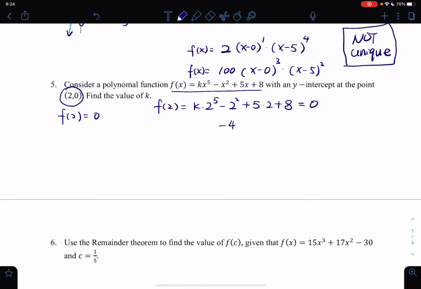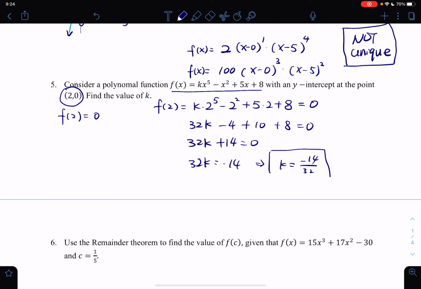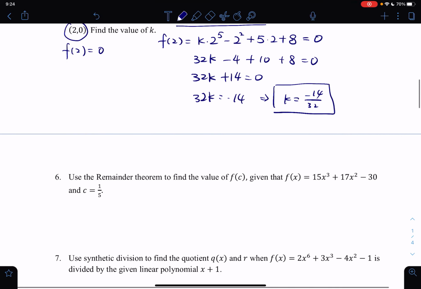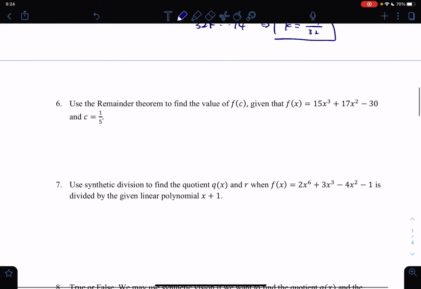So it's minus 4 plus 10 plus 8 equals 0. 2 to the power of 5 is 32, so I have 32k. So I have 32k is the same as adding to 14. Therefore, 32k is negative 14. In other words, k is negative 14 over 32. Again, simplification is not required, so you could have left it like that, or you can simplify it slightly further.